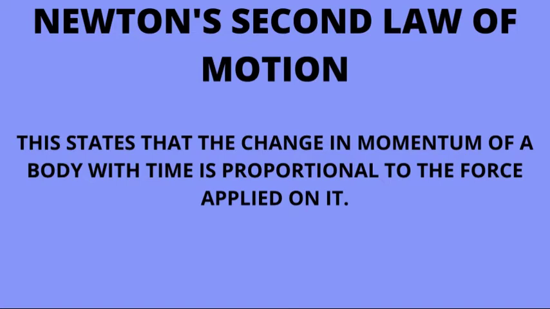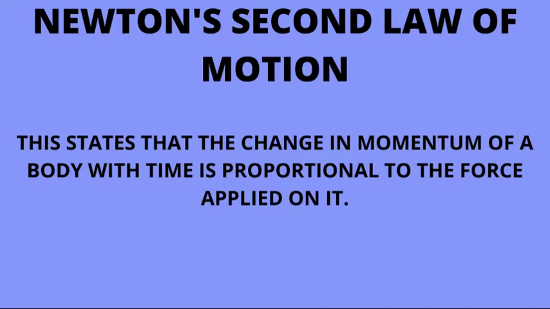Then the second law states that the change in momentum of a body with time is proportional to the force applied on it. That means that the momentum of a body will change according to the force that is applied on it. If the force applied is big, the momentum change will be big. If the force is small, the momentum change will be small.